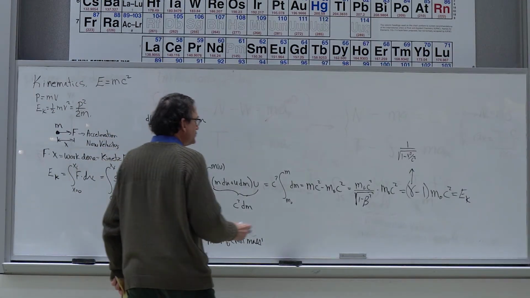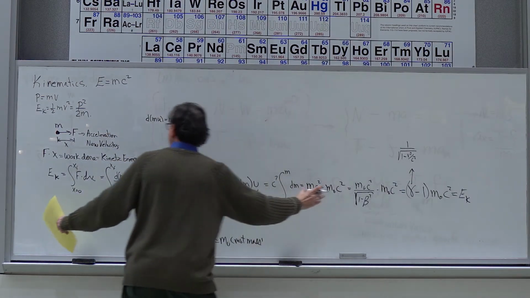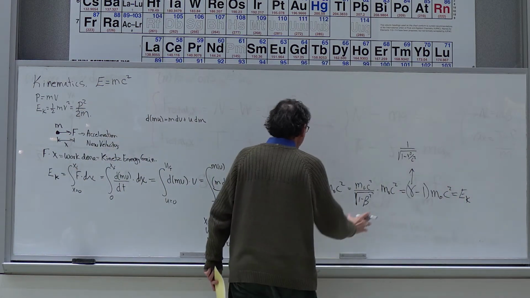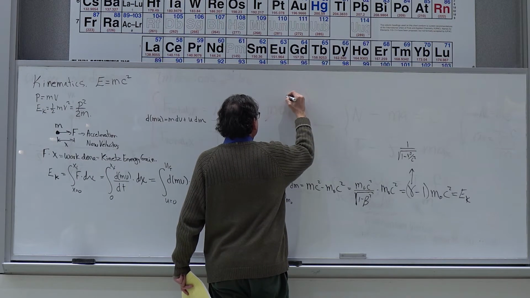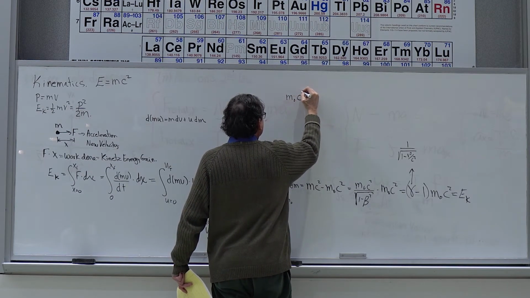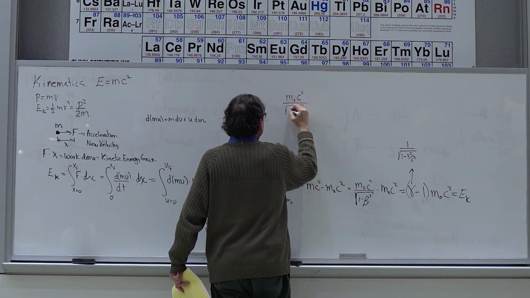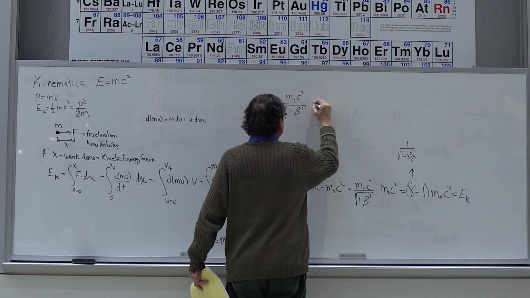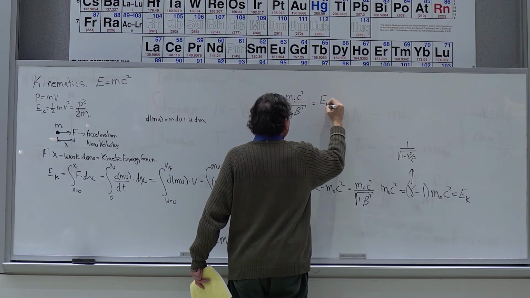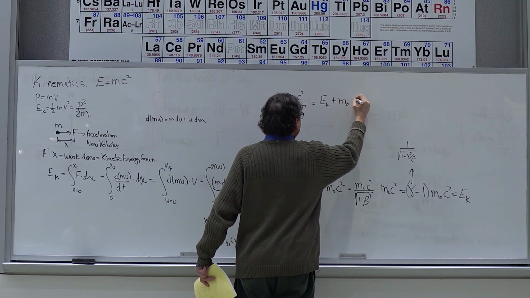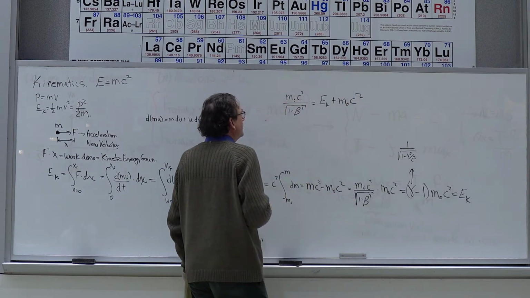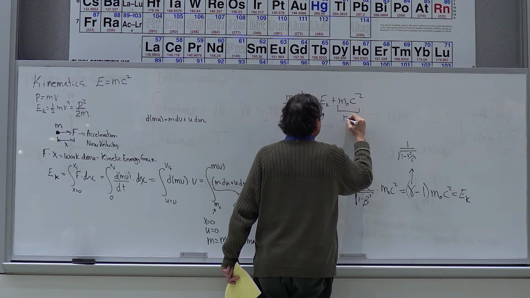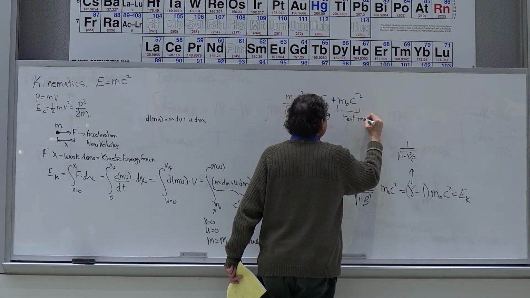If I move this term to the other side of the equation, the side with kinetic energy, then I can write that m naught c squared divided by the square root of 1 minus beta squared is equal to the kinetic energy plus m naught c squared. So we call this the rest mass energy of the particle. This is the rest mass energy.